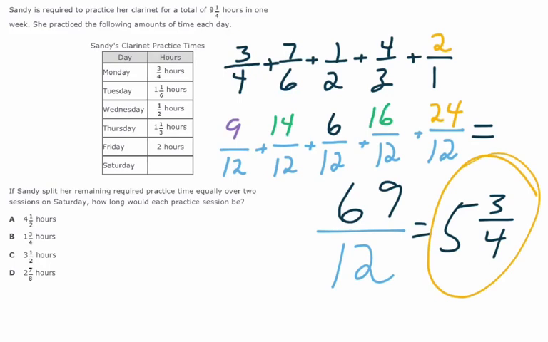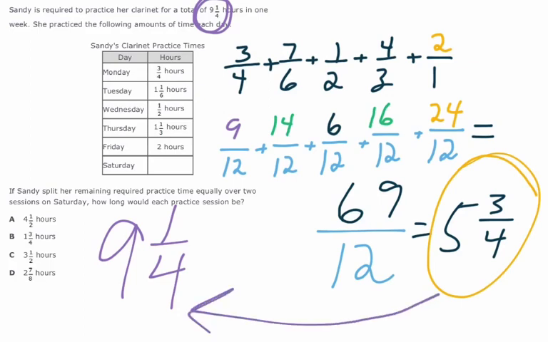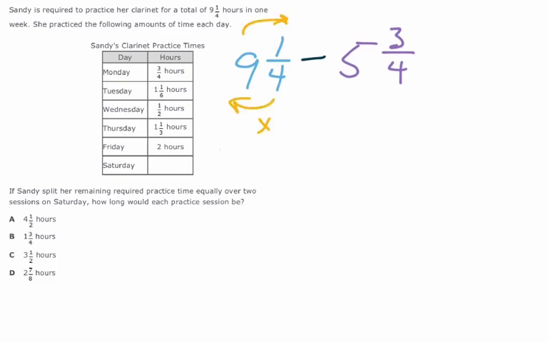She is required to practice 9 1/4 hours. So we need to figure out how much more she needs to practice to get to her 9 1/4, and we can find the difference of these two numbers by subtracting. So set this up as 9 1/4 minus 5 3/4. What's nice is we already have common denominators, so we turn these mixed numbers into improper fractions right here.